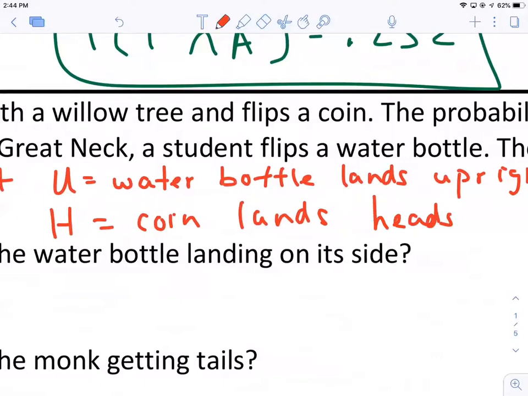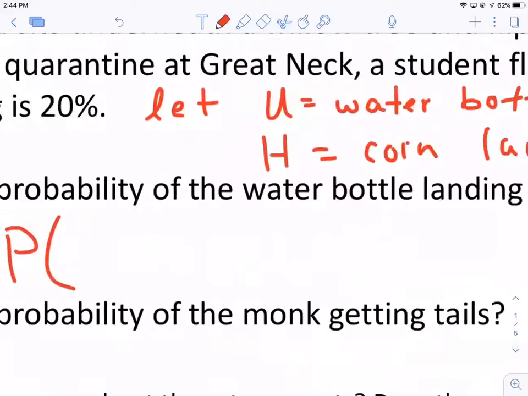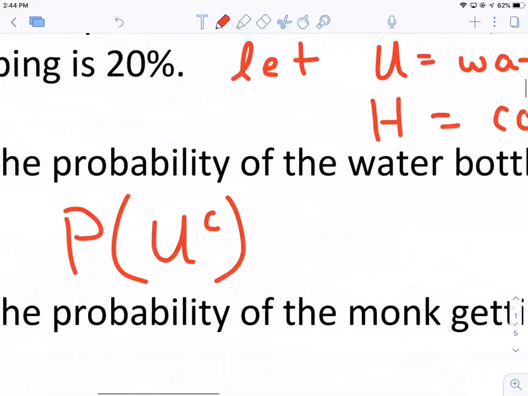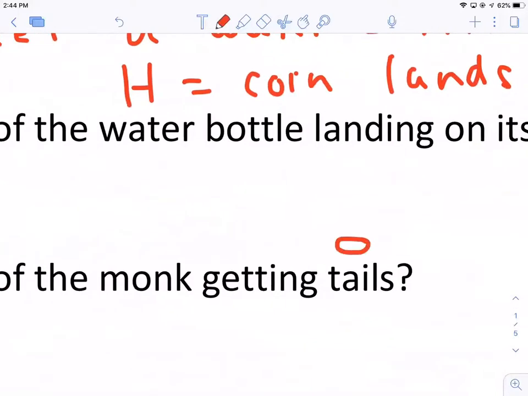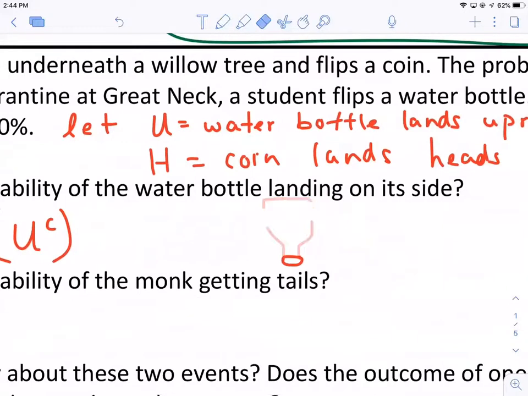All right, so what is the chance that a water bottle lands on its side? Well, that would be U complement, not standing upright. I know there is a fringe case where the water bottle lands upside down, but I guess we can consider that upright, or I'm just going to ignore that, small chance.